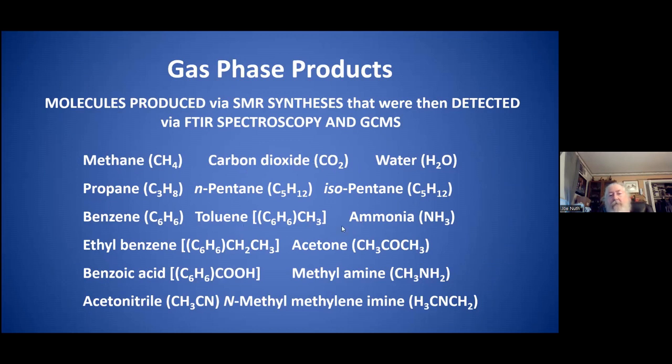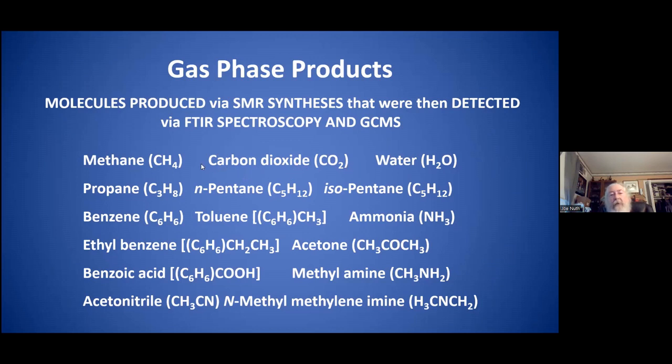The problem is that these don't all just come off the disk. When we did some experiments to find out what the branching ratio was from the volatiles to the solids, that depended on the initial catalyst, but it eventually settled into around 30%.